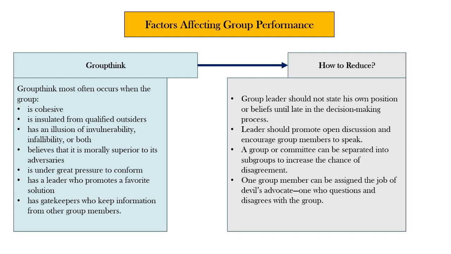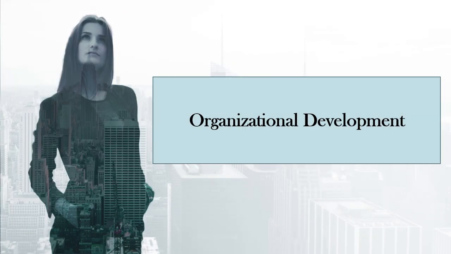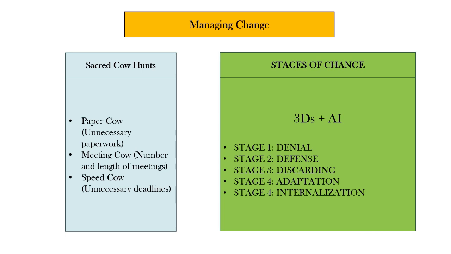Okay? Finally, we have organizational development. Organizational development in managing change, we want to look at sacred cows. Organizational sacred cows are practices that have been around for a long time and invisibly reduce productivity.